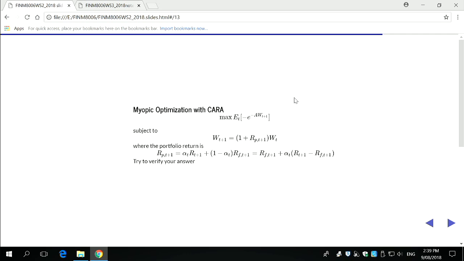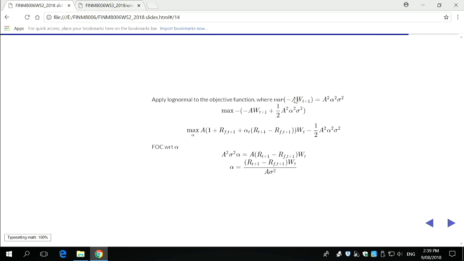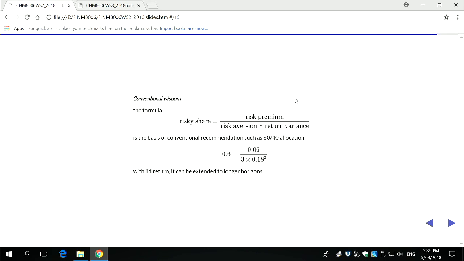But let's say each period the return distribution is IID, right? Then remember, if it's IID, cross-sectionally it's equally weighted, right? But if it's IID over the periods, that means the risky weight will be the same in all periods. So if it's IID return, this can be extended to longer horizons.